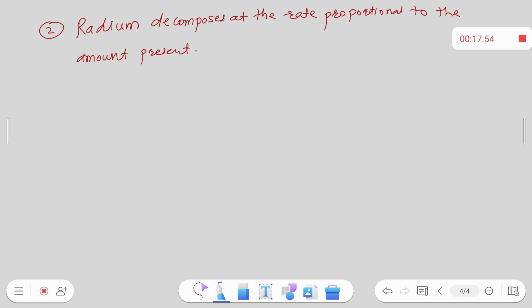So the radium decomposes at a rate proportional to the amount present.